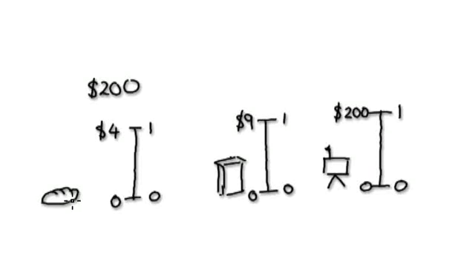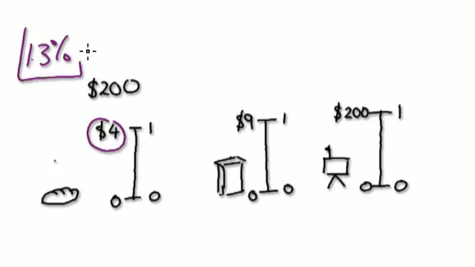So, for example, let's say a loaf of bread is $4 today. If you have an inflation of, let's say 13%, which is true in some countries, what that means is currently the price of the bread is $4.